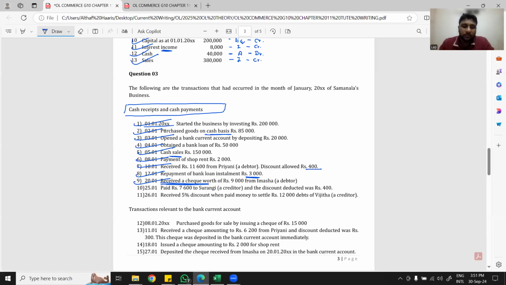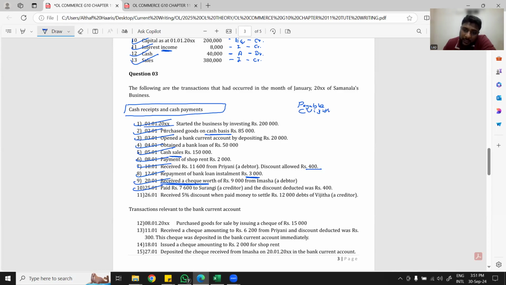Next one. Received 5% discount when paid money to settle rupees 12,000 debt of Vijita. So we have to pay. Write down this working.